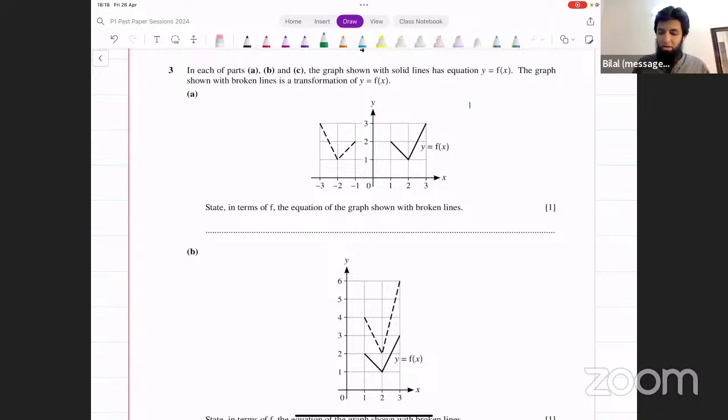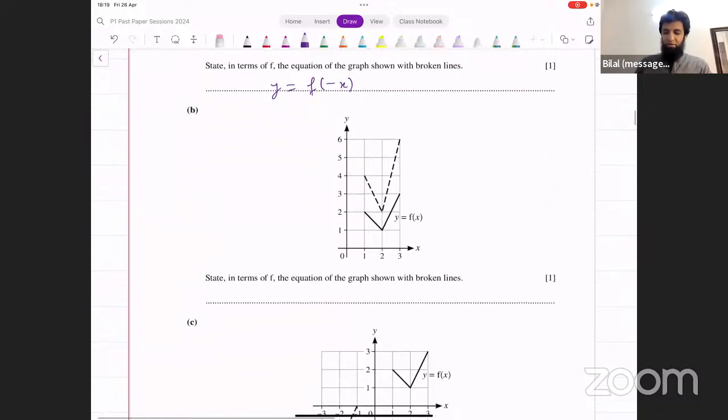This is called horizontal reflection because the movement of the graph is horizontal. So what happens in horizontal reflection? Something changes inside the function. The original function was f of x. When there's reflection, it becomes f of minus x. So we multiply by a negative sign inside the function like this. All right, that's the first one.